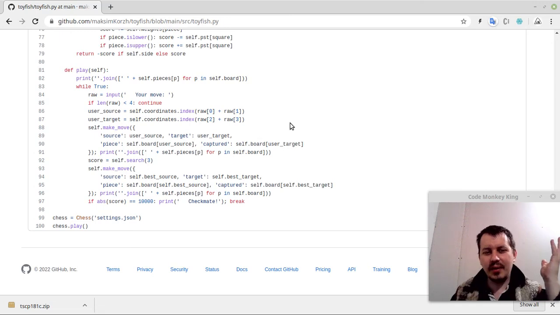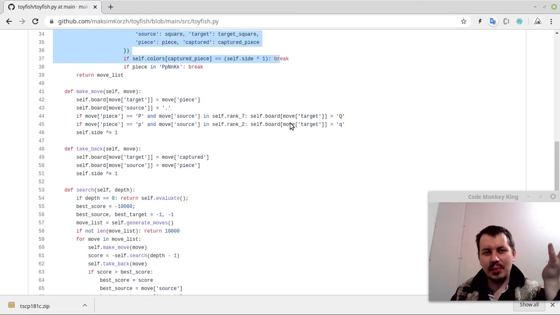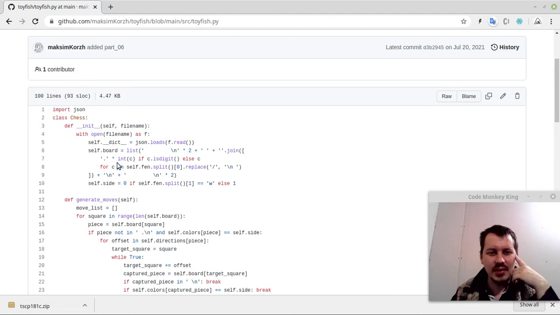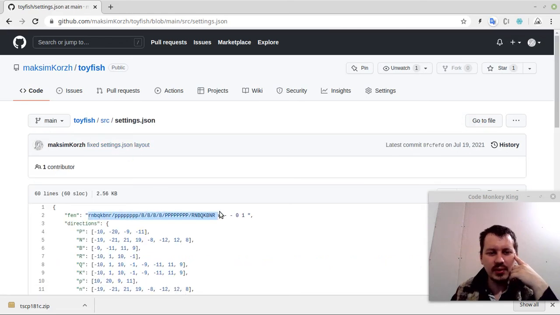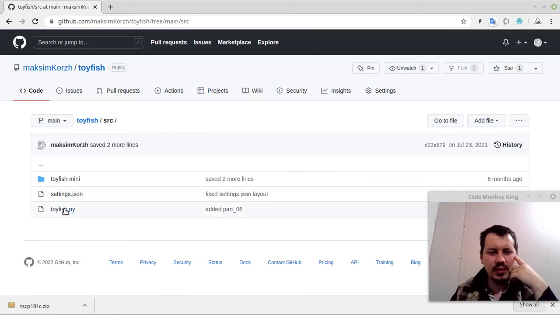And now finally, this code actually answers the simple question. We take this FEN string as the board position. So this is the input, right? And the output is, let's go here, let's go to Typefish.